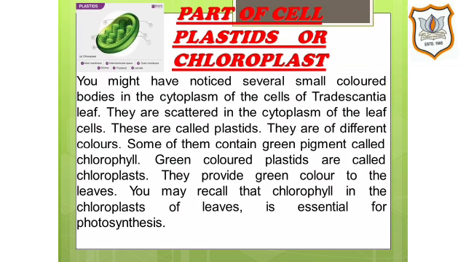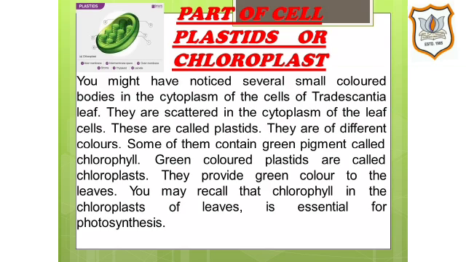Please note that the chloroplasts are found only in those plant cells which carry out photosynthesis. So, chloroplast will not be found in the root cells of a plant. The organelles containing pigments present in the cytoplasm of plant cell are called plastids.